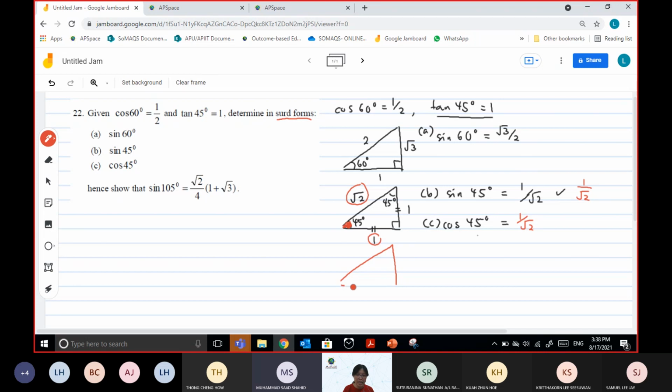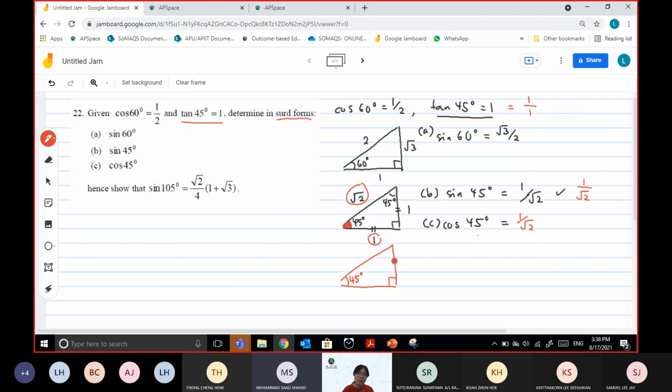Okay, so can you see, initially I drew the triangle based on tangent 45. As we know, tangent 45 equals 1, which is opposite divided by adjacent, so 1 over 1. When we draw a right angle triangle, let's say here is 90 degrees and here is 45.